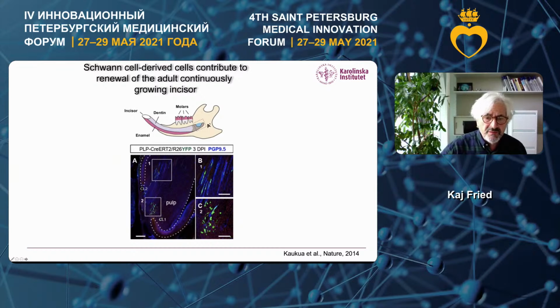And we can see some of them also along nerves here, but when this one is magnified, you can see that there are lots of these very early mesenchymal stem cells within this area, and they are traced here through so-called genetic tracing, so with a specific Schwann cell marker. And we can see that they inhabit this area here, which corresponds to this area here.